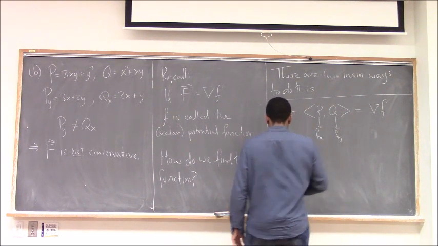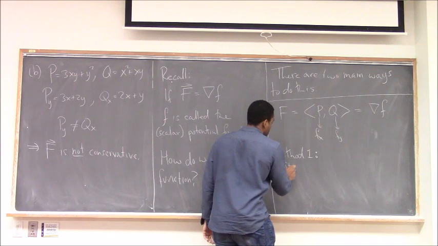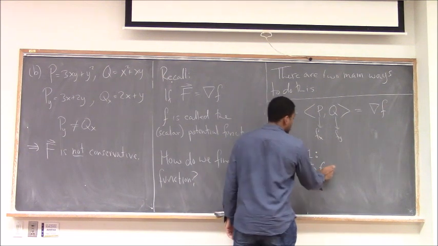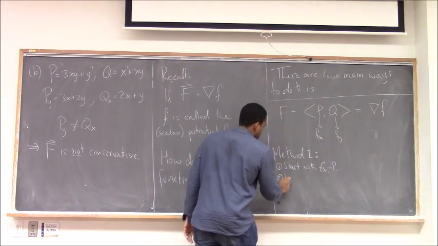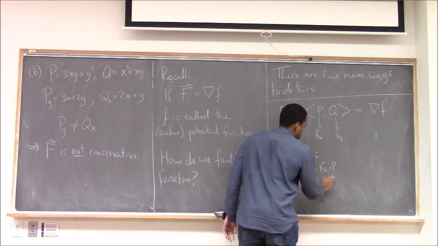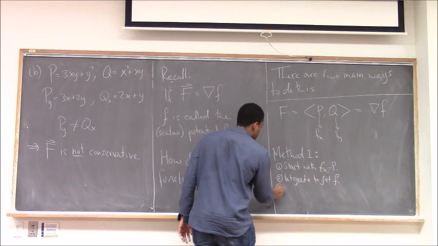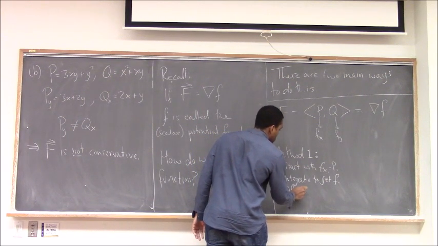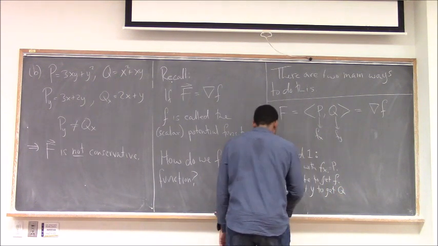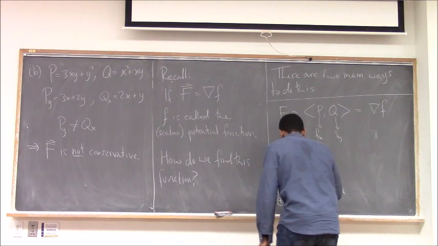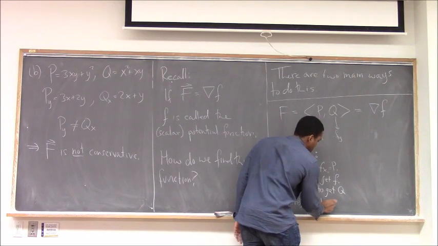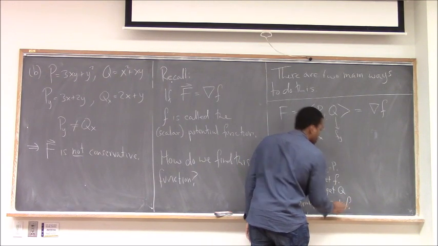So the method here would be to start with the partial with respect to x, that is the P, integrate to get f, then differentiate with respect to y to get Q, and then, 4, you integrate again to get the original f.